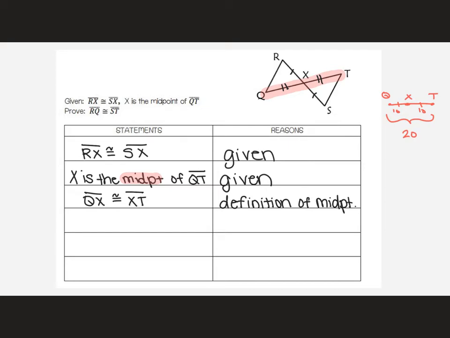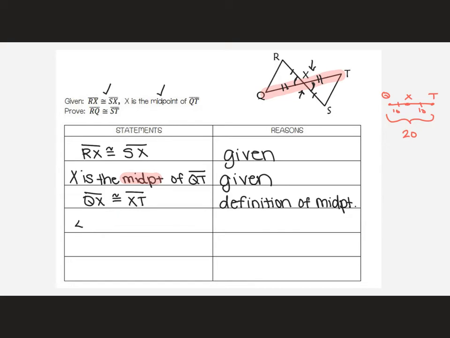Again, once I've marked both my givens, I need to look for either vertical angles or a reflexive line. Right here, I see vertical angles, so I mark those. I will name the angles. Just remember, you cannot name the angles angle X and angle X because this could be angle X or this.